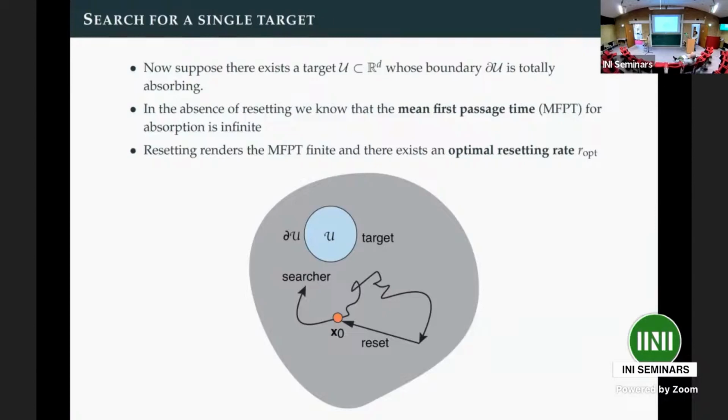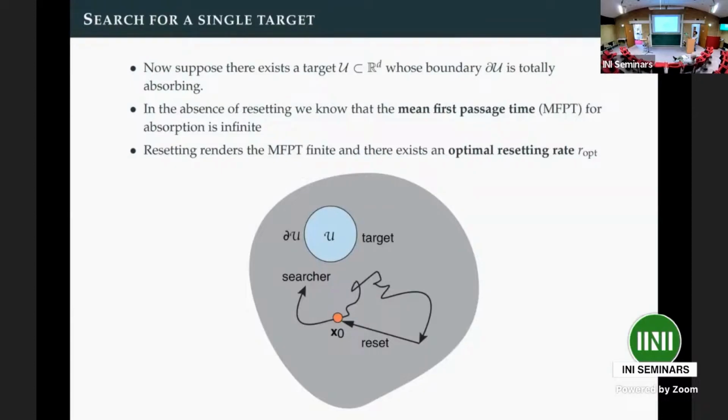What created interest is, as we know, if it's an unbounded domain, in the absence of resetting, and in more than one dimension, it's a transient Brownian motion, so the probability of finding the target is already less than 1. And certainly even in one dimension, we know that in an unbounded domain, the mean first passage time is infinite.